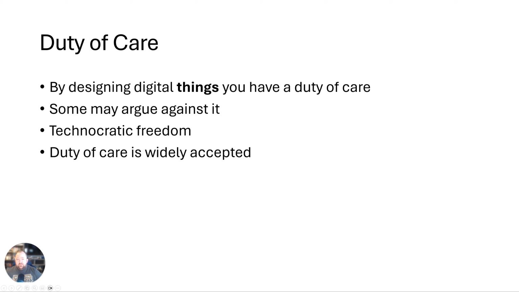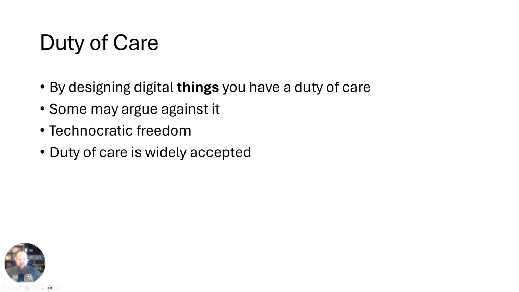Some people argue against it. This is some brand of what I'm calling technocratic freedom, but they want to be able to design whatever they want, and let the free market decide. That is totally doable in a lot of instances, but when you get into certain digital products that have a great potential for harm, then that balance is out of whack and needs to be corrected.